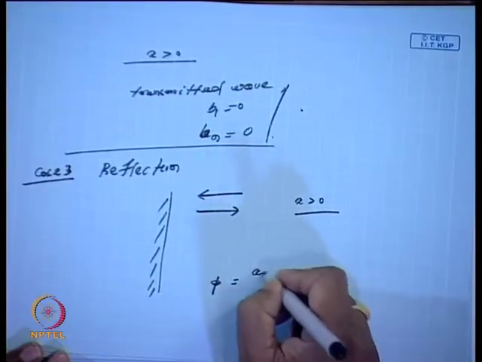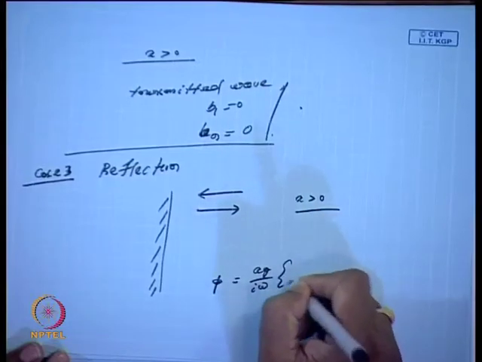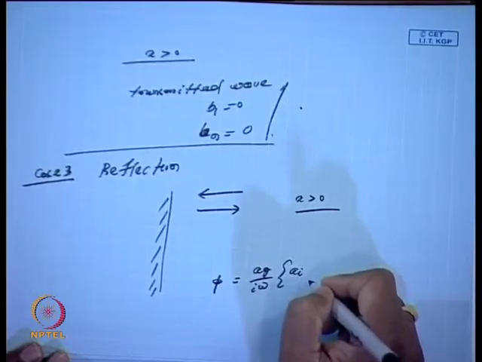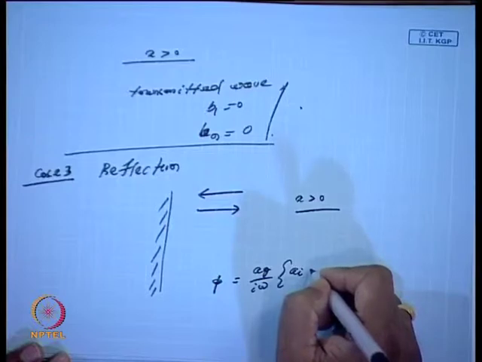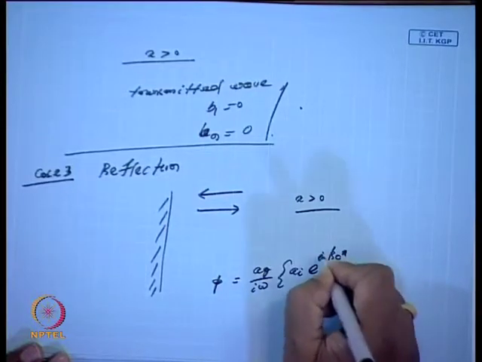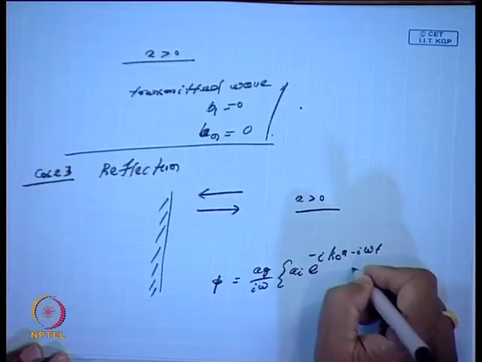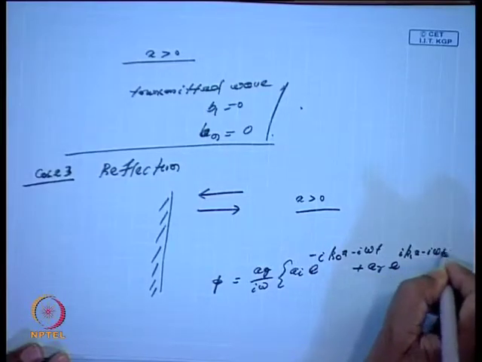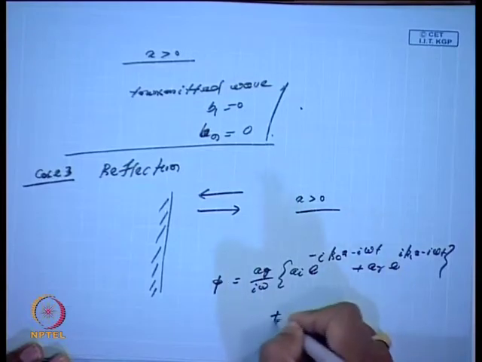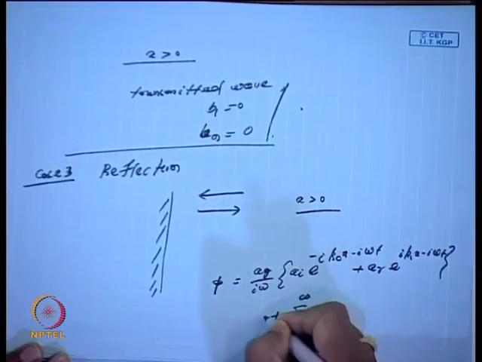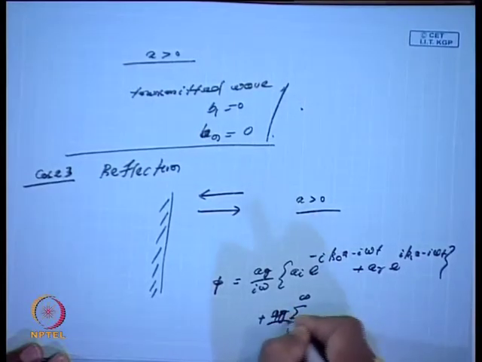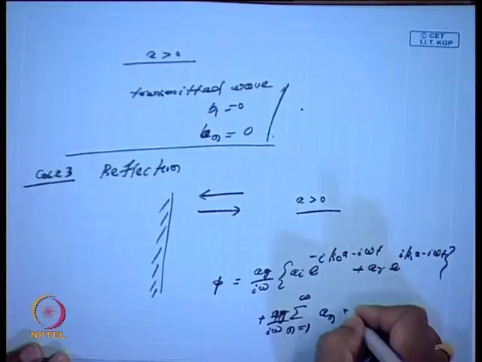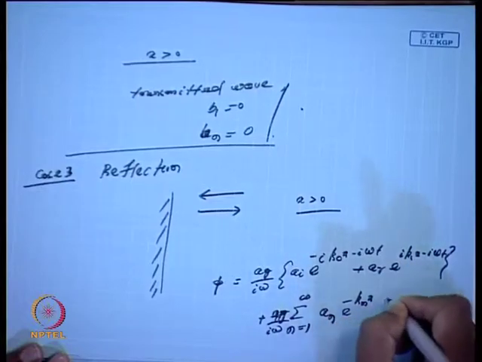Phi will be a g by i omega into a I e to the power i k 0 x minus i omega t plus a r e to the power i k 0 x minus i omega t, then plus the sum from 1 to infinity of a n e to the power minus k n x minus i omega t.